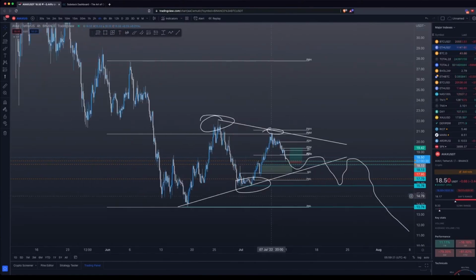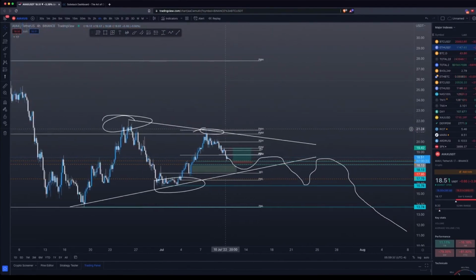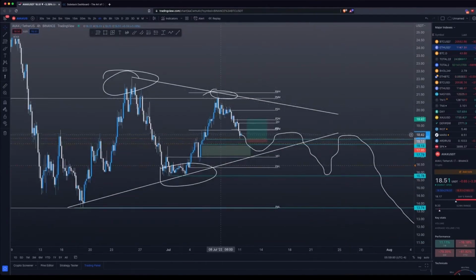Once you train your eye to do this, you can spot these patterns really quick. For example, immediately I can see that AVAX is forming this consolidation pattern, which could be identified as either a bullish or bearish pennant. But the type of pattern doesn't really matter to me. Just as long as there's a pattern, you can dive into it and look more into it.